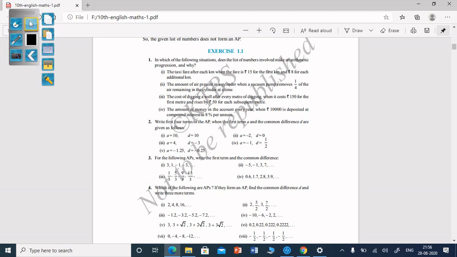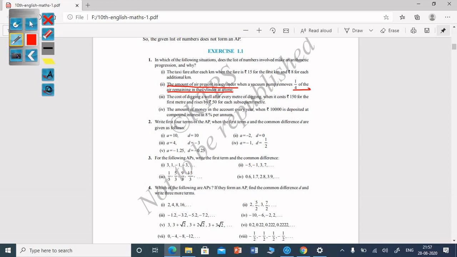The situation is, you have to write the amount of air present in the cylinder when a vacuum pump removes 1/4 of the air remaining in the cylinder at a time.